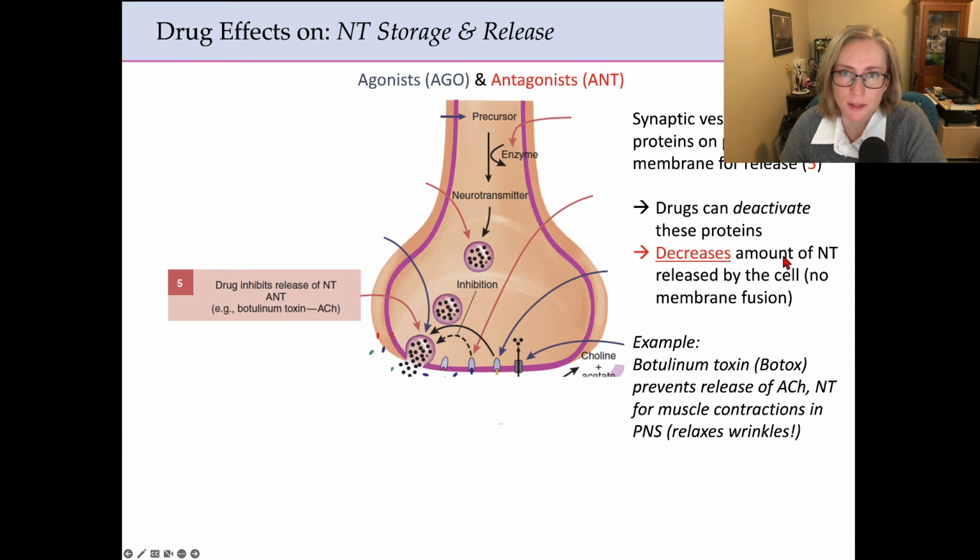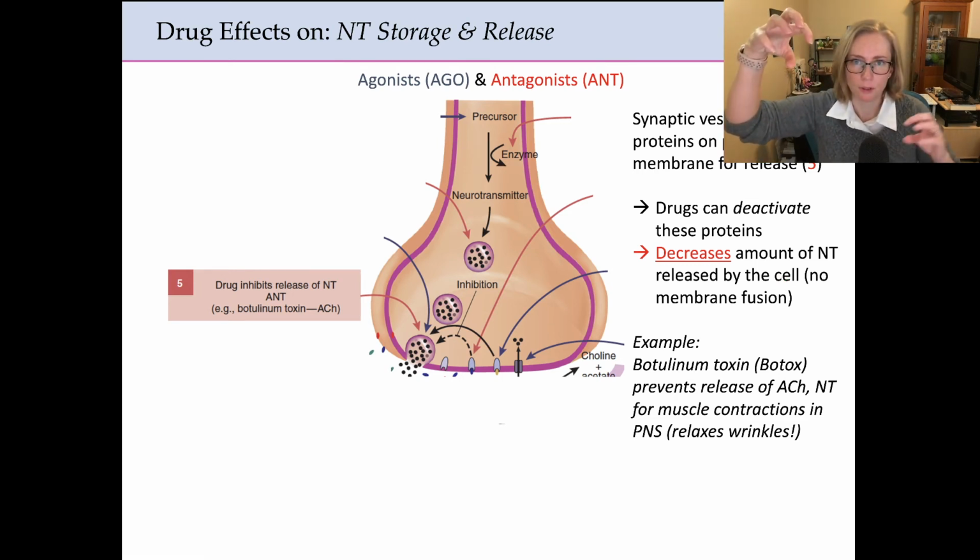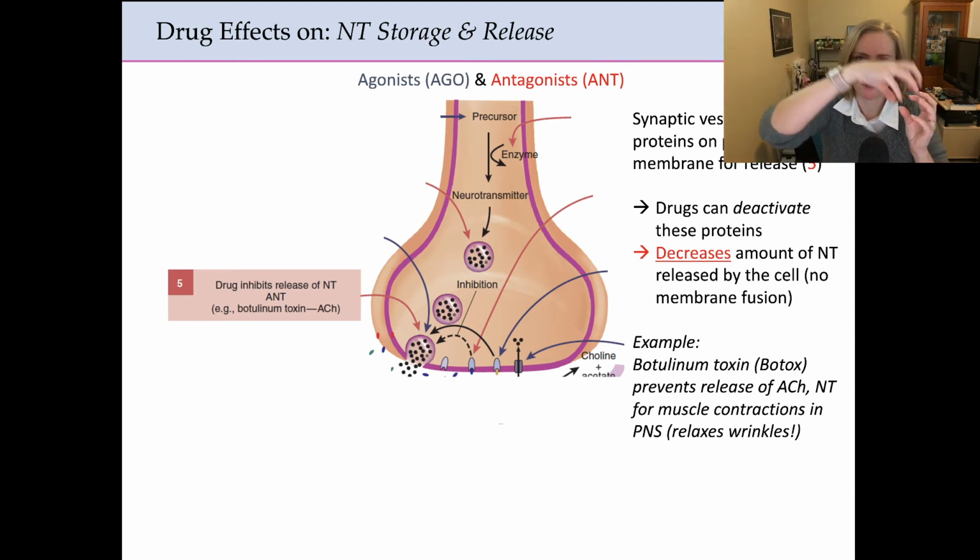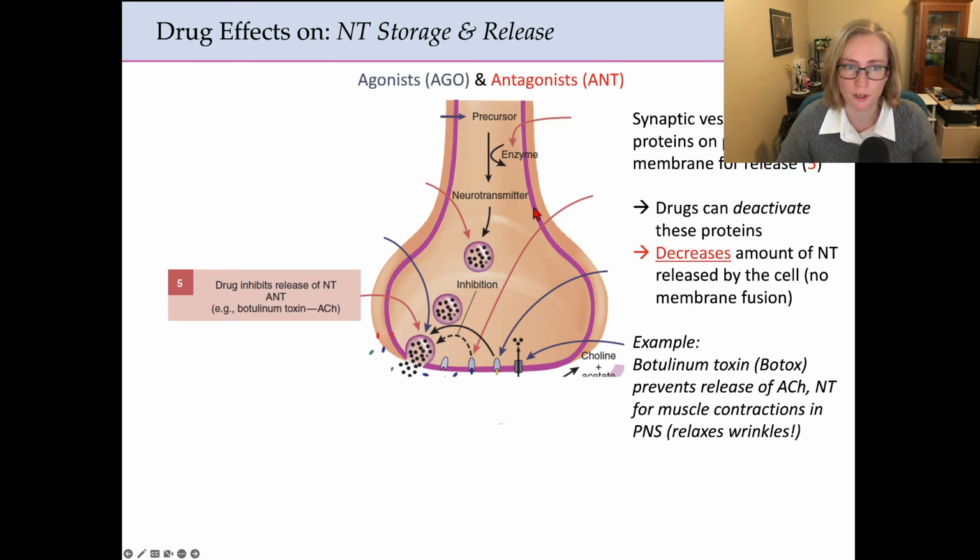This decreases the amount of that neurotransmitter because no fusion happens. Even if calcium comes into the cell and says, docking is ready, that vesicle wants to go dock with that other protein. If you have this drug present, for example, botulinum toxin, it's not going to allow that docking to happen, so no release of neurotransmitter.